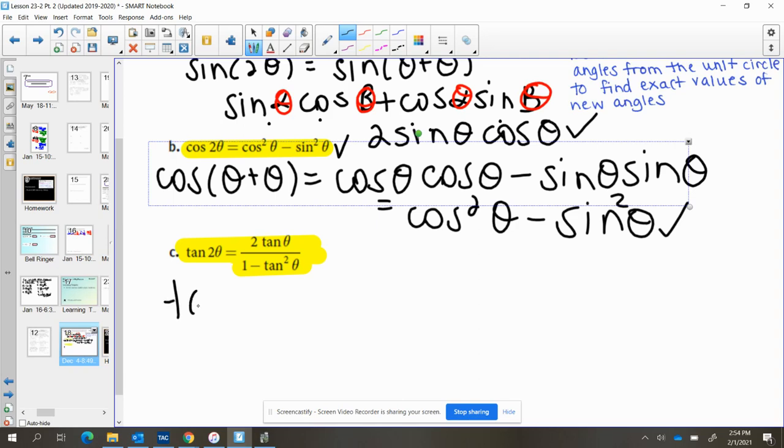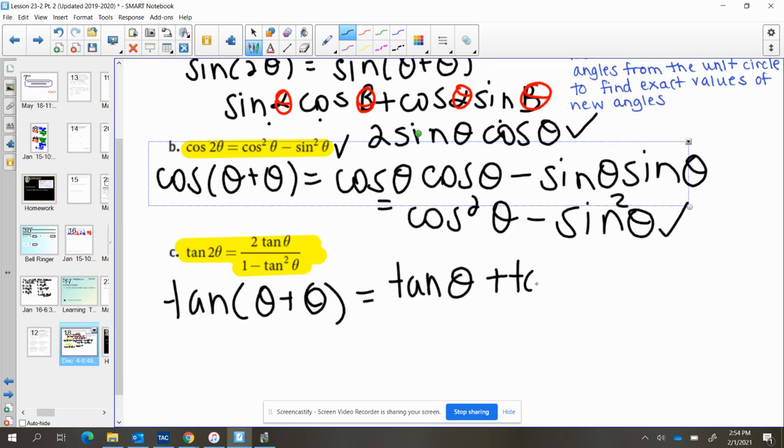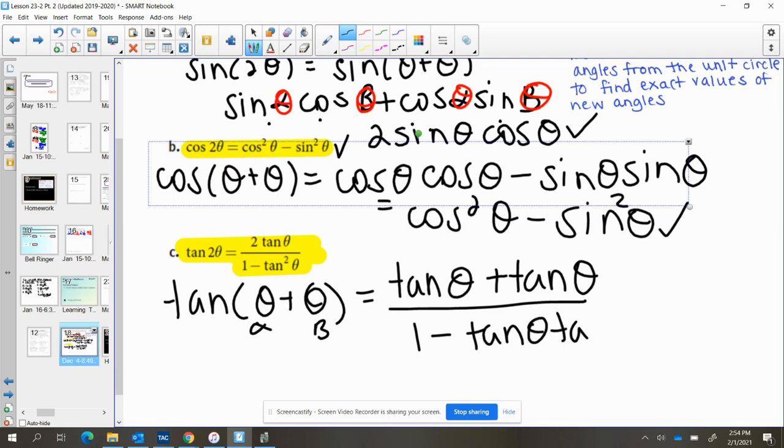Last but not least, tangent of theta plus theta. We know that we would have a tangent of alpha plus tangent of beta, which again are both tangent of theta this time for alpha and beta, all divided by 1 minus tan alpha times tan beta, or theta and theta again when we substitute that in this time.